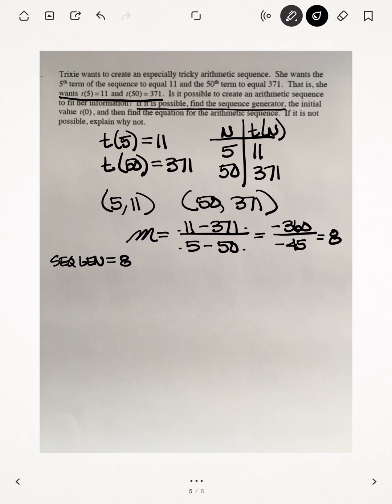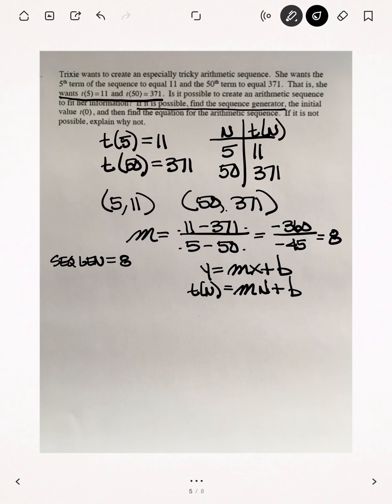So if we know this and we have 2 points, we're going to use y equals mx plus b. Now I know we're not supposed to use y equals mx plus b, but we're going to use it to find our b, just knowing that really this is t of n is equal to mn plus b.